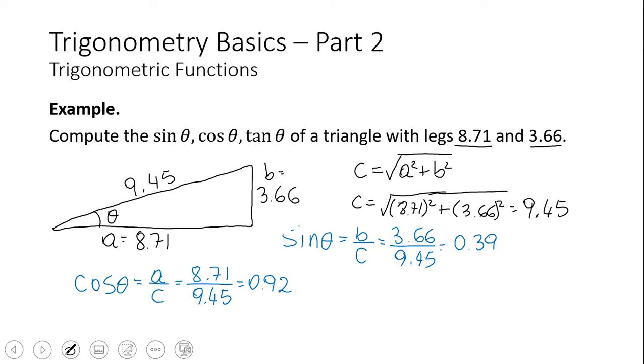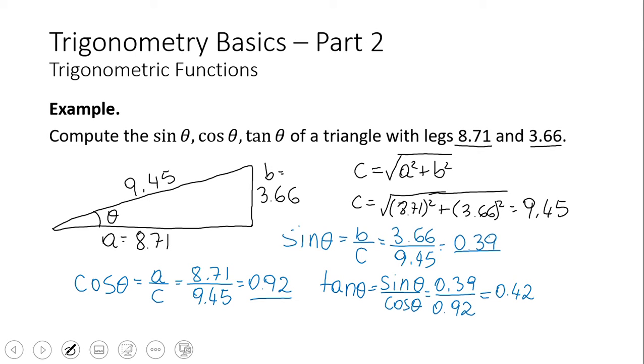Lastly, we have to calculate the tangent. And the tangent, there are two ways of calculating it. Either we can take these two numbers that we just calculated and take the ratio of those two numbers, because we know the sine and cosine. So we can go ahead and do 0.39 divided by 0.92, and you can verify that this is rounded 0.42.